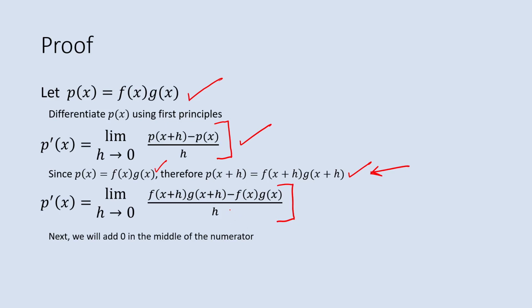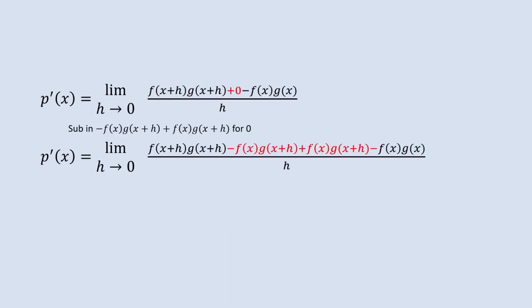Now what we're going to do next is pretty clever. We're going to add 0 right in the middle. And that's a powerful weapon in mathematics a lot of times. But the 0 has to have a certain look in this case.